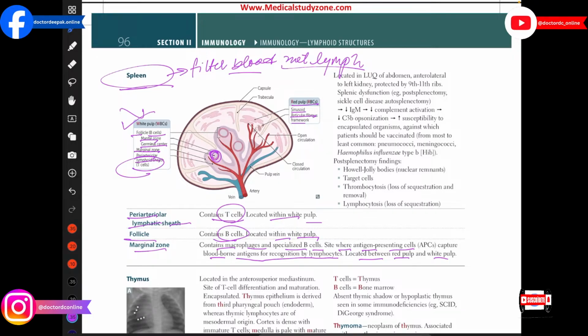If you know about the activation of macrophages, or opsonization, for example, this is a macrophage.